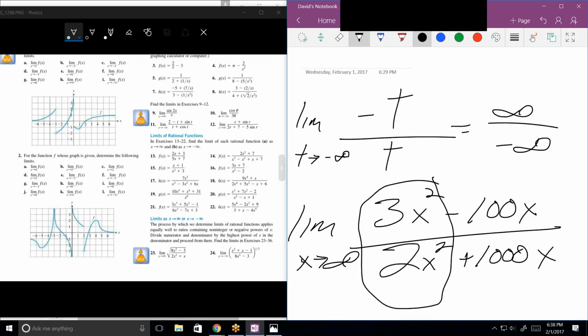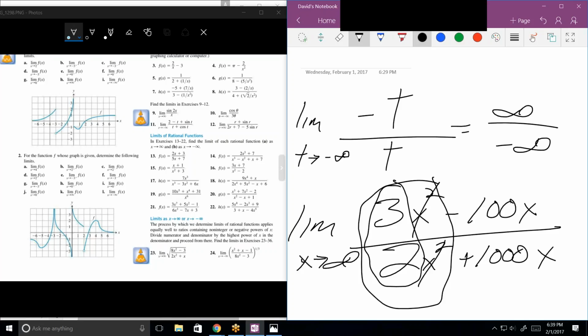In other words, we deal with the highest degree polynomial only, and it's the ratio of the coefficients. If the degree is the same, in other words, this is an x squared, this is an x squared, so as we go to infinity, those cancel and we end up going to 3 halves. Well, same thing up here. And it wouldn't matter whether it was t over minus t or minus t over t. The ratio of those coefficients is minus 1. Okay.